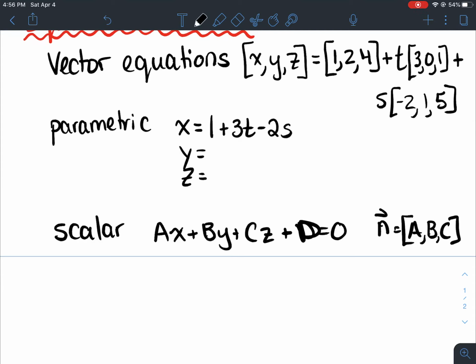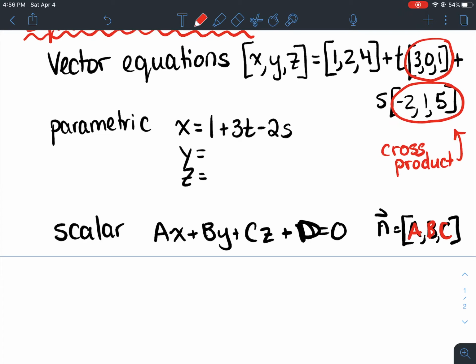So to get the scalar equation of a plane, we can take our two direction vectors that are parallel to our plane, and we can do the cross product between those two vectors to get our A, B, and C values.